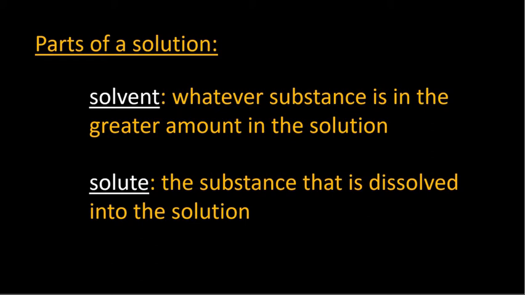Okay, the solvent is whatever substance is in the greater amount. In other words, whichever one has more of it in the solution. You probably had something along the lines of it'll dissolve the solute or it dissolves something. We're going to get a little past that, and it won't always be evident as to which is dissolving which when you're talking about some types of solution.